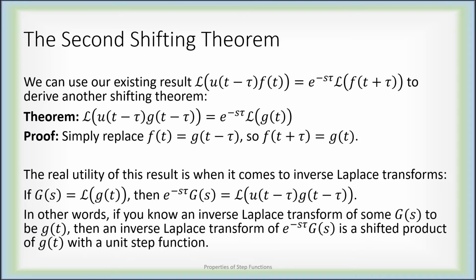In other words, if we know an inverse Laplace transform to something capital G of s, then if I multiply capital G of s by an exponential of the form e to the minus s times a constant tau, so this is something whose inverse Laplace transform I know, and it's being multiplied by e to the minus s constant, the inverse Laplace transform of all of this would simply be a step function times g of t minus tau.